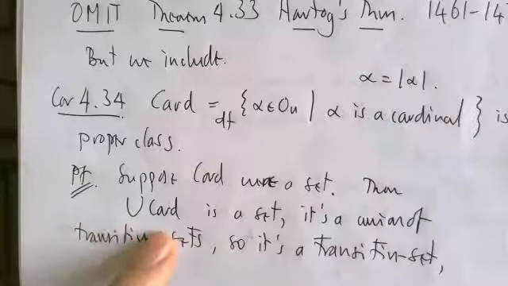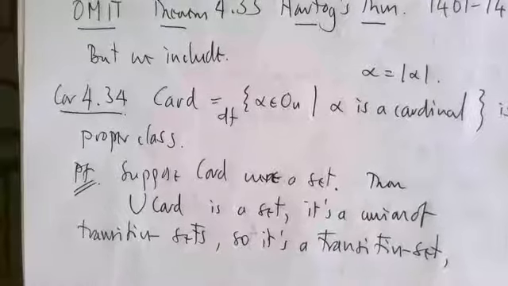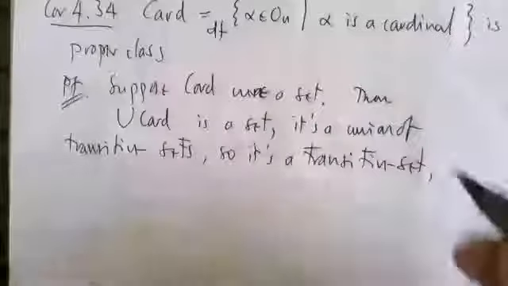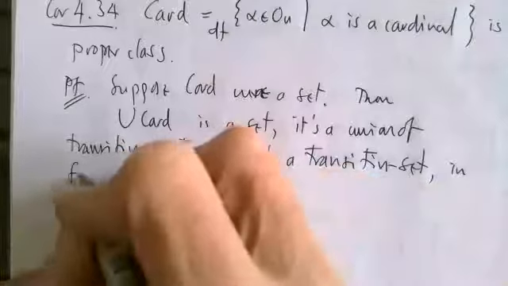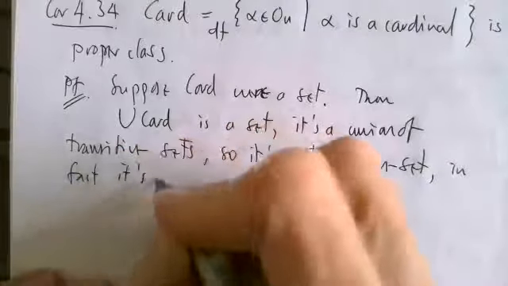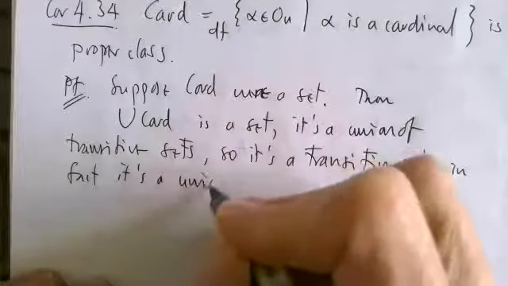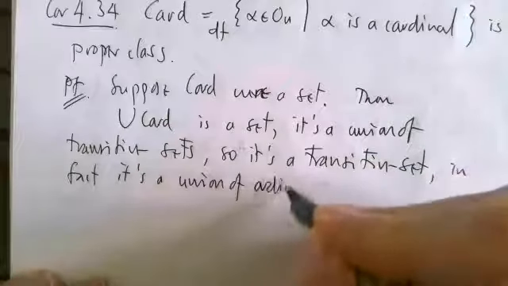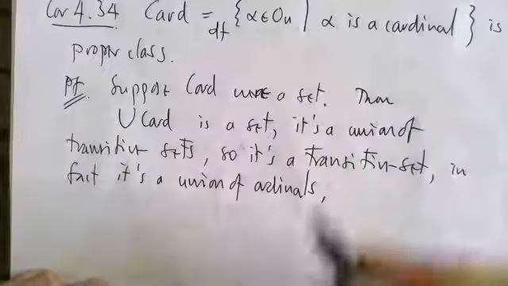In fact, it's a union of ordinals. So actually, it's an ordinal. So I could have just said that straight up. It's a union of ordinals, so it's an ordinal.